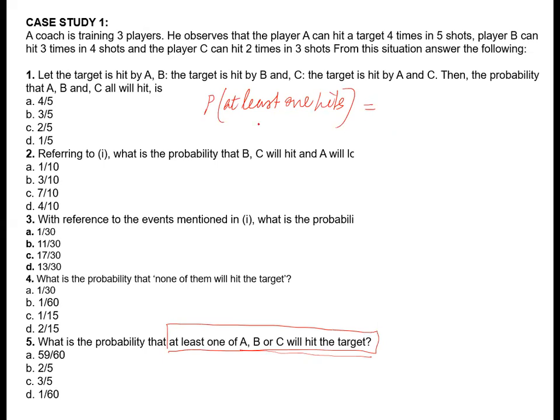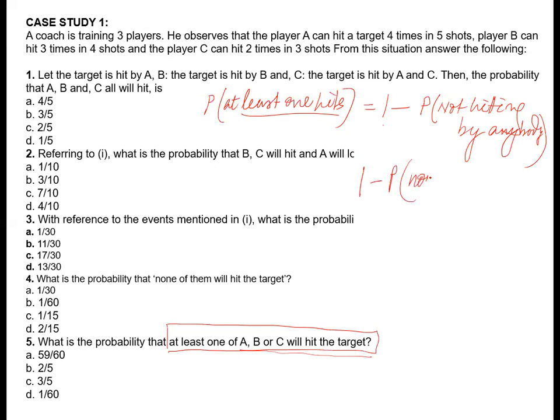So instead of counting all this, we'll write the probability that nobody is hitting, its complement. So at least one hits means 1 minus none of them hit. 1 minus probability of none of them hit.